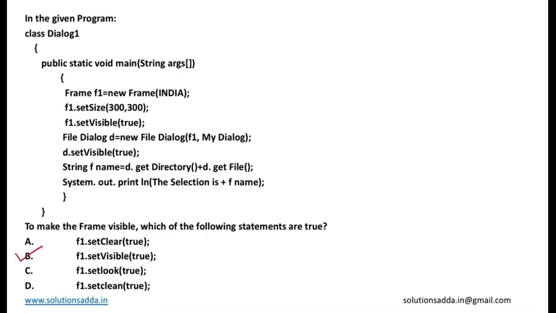SetVisible is a method of JFrame that makes the frame appear on screen. So if we forget to add this, then the frame object will exist as an object in memory, but no picture will appear on the screen. Therefore, we need to include f1.setVisible with parameter as true. Hence, B is the correct answer.